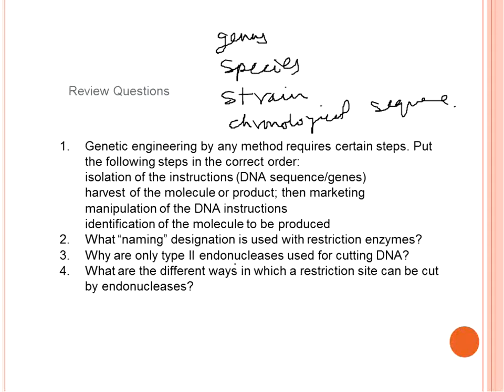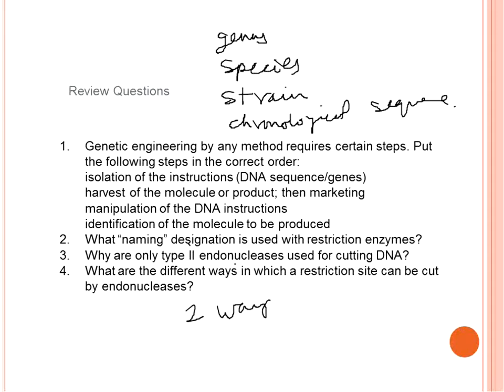Okay. What are the different ways in which a restriction site can be cut by endonucleases? Two different ways. Yeah, blunt and sticky ends, correct. Yes, that was Mercedes. Okay.